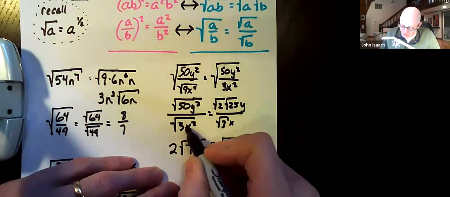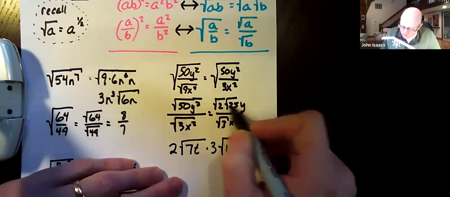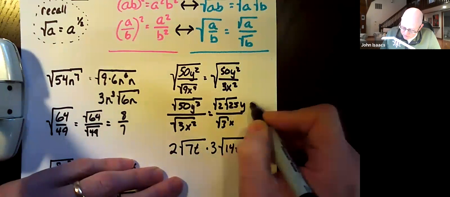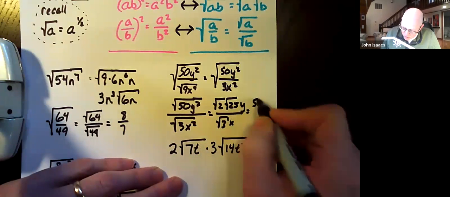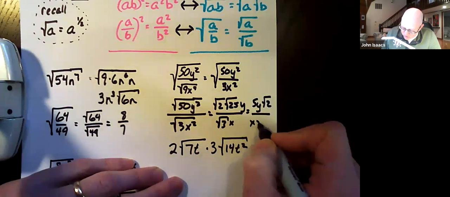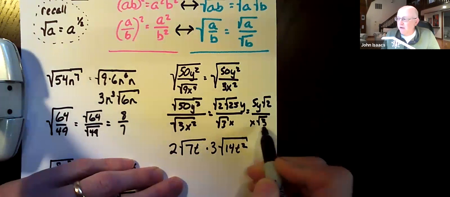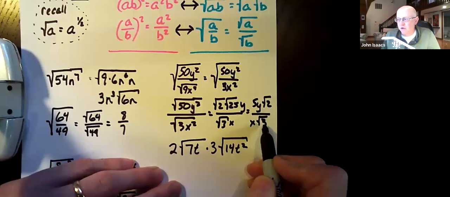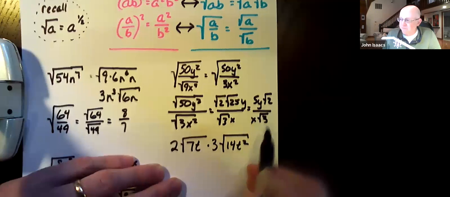Right, we took the x squared out. So this 25 is actually 5, so we have this is equal to 5y radical 2 over x radical 3. Now we're not going to leave that radical 3 on the bottom, but I'll show you that in the next video. We can leave that there for right now.